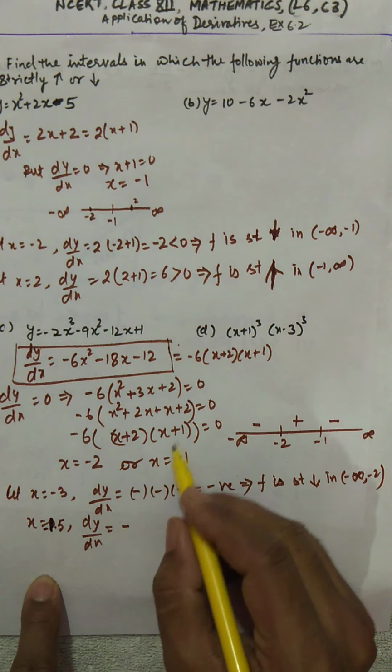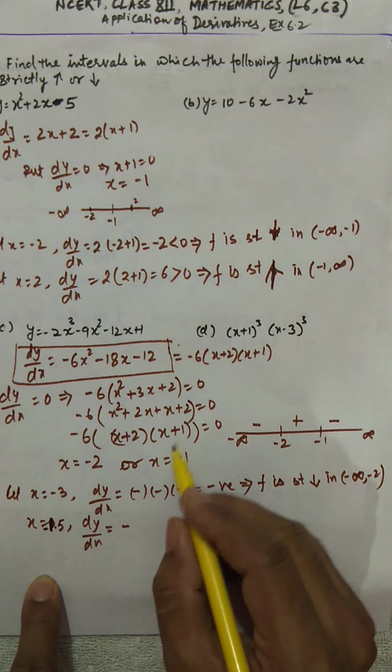And now take the last point, you can take x equal to 0 here. If you take that, then your dy by dx is going to be negative, which implies that f is strictly decreasing in -1 to infinity.